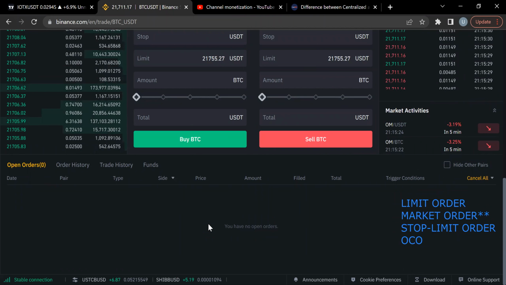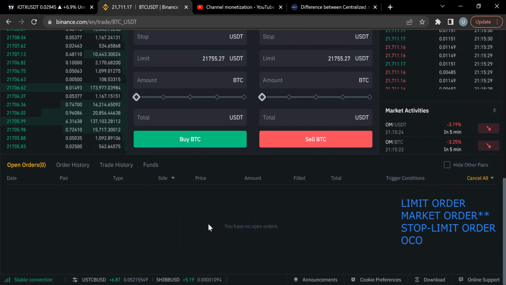Now you are trying to combine both limits and stop limits together, but you want that if one is active, the other one should be cancelled. That is why we call it one cancel order.